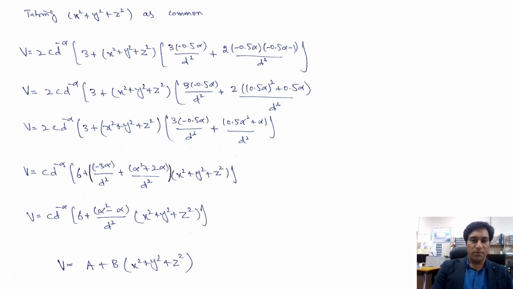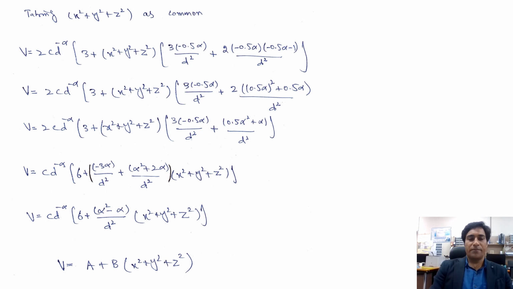So after simplifying, we will get V is equal to cd minus a into 6 plus a square minus a over d square into x square plus y square plus z square.